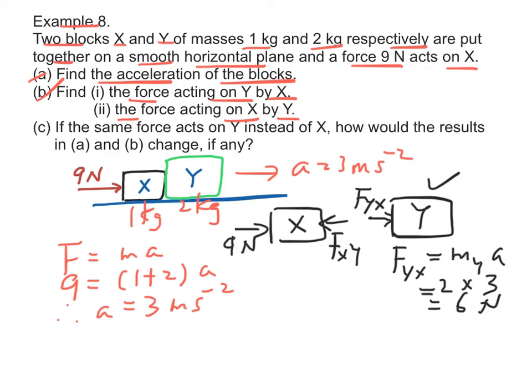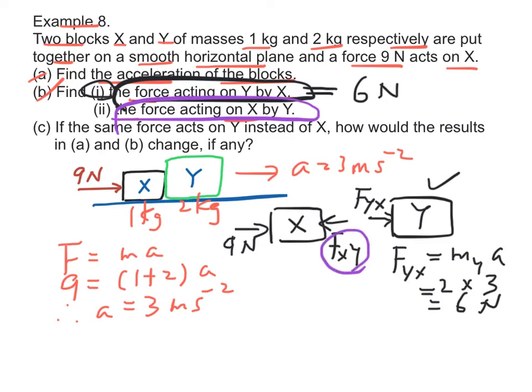Therefore, the force acting on Y by X equal to 6 newtons. By Newton's third law of motion, the force acting on X by Y is equal in magnitude to the force acting on Y by X. Therefore, the force acting on X by Y equal to 6 newtons.